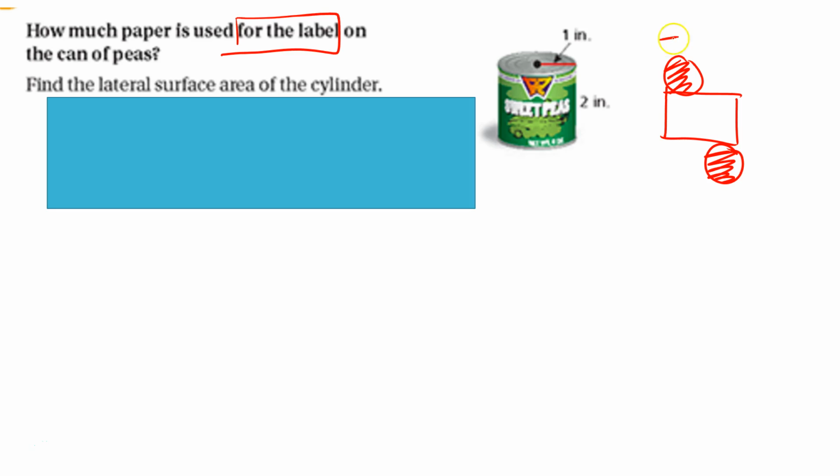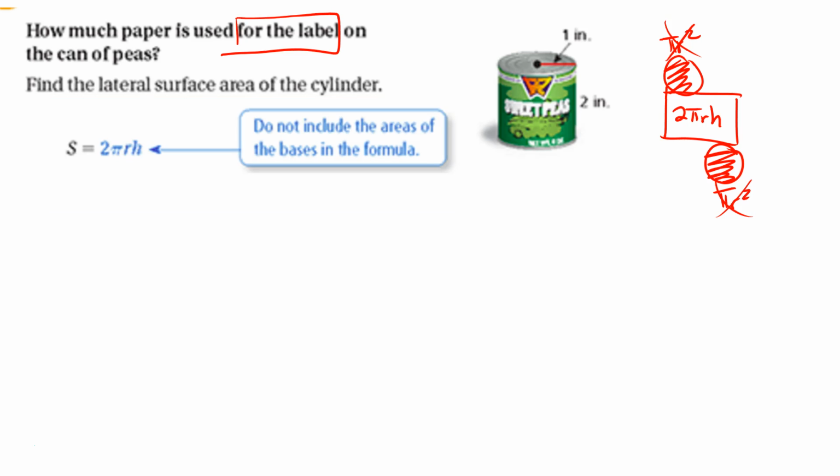This right here is pi r squared. This right here is pi r squared. This is the 2 pi r h. We don't need the pi r squared, we don't need that, and we don't need that. So our formula, in this case, would only be 2 pi r h.